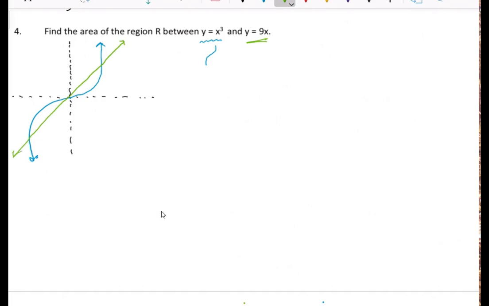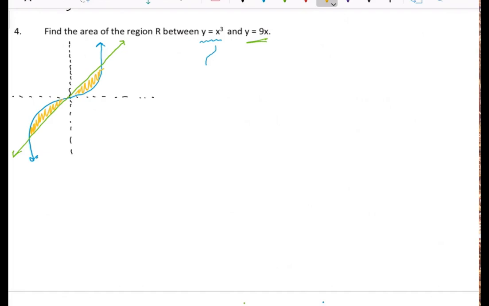When I do that, the area that's bounded by the two curves is actually two separate areas. So I've got two areas that I need to compute and then add together in order to get the entire area that is bounded by these two curves.